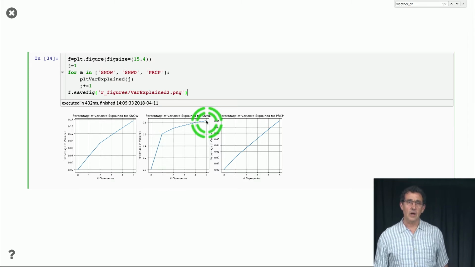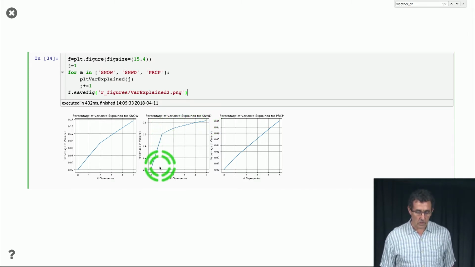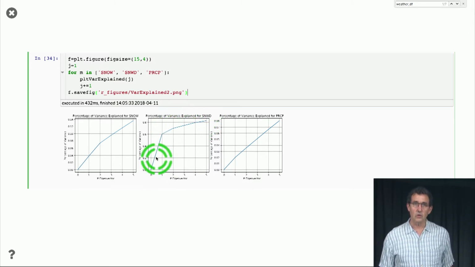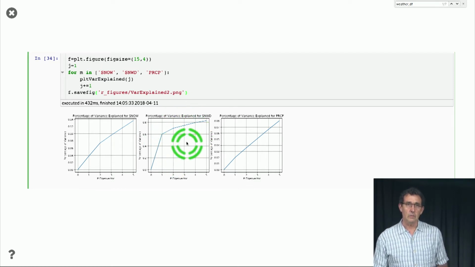Okay, so by far the most explained by the top eigenvectors, and that is a good situation. That tells us that for snow depth, we can build a pretty good low-dimensional model using the top 5 eigenvectors.